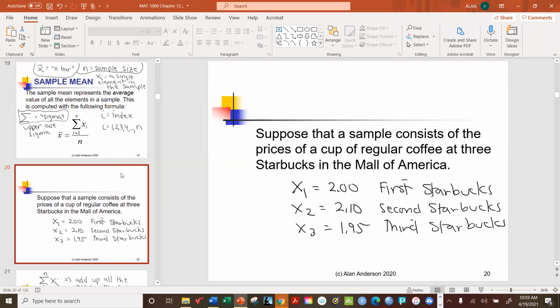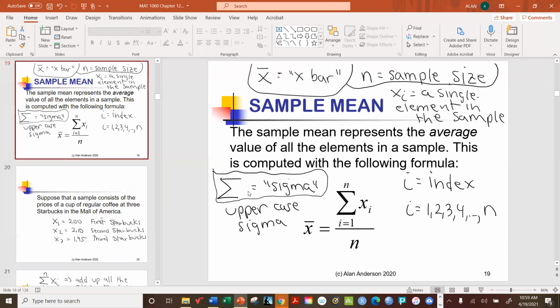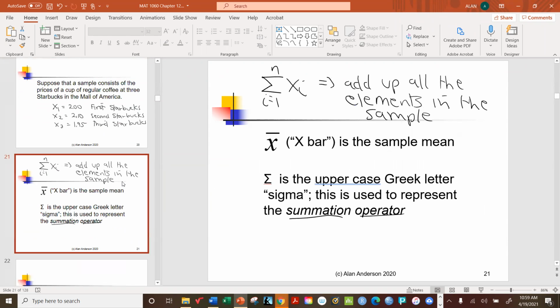All right, now this summation, this thing, the sigma, what is this all about? This sigma is a mathematical operator, which we will call from now on the summation operator. That means we're going to add something up.